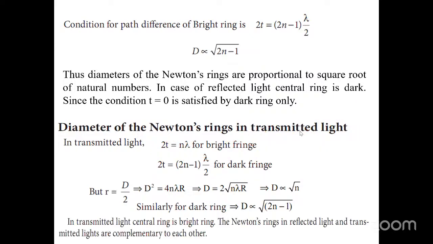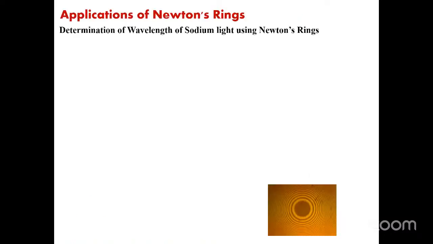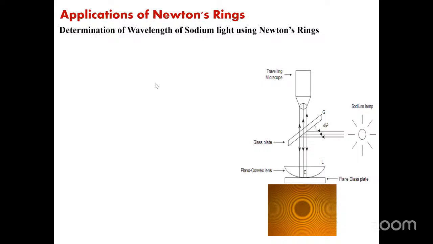So by doing this calculation here also, you will get this. What are the applications? You can easily find out the wavelength of the sodium vapor lamp, the lambda value.